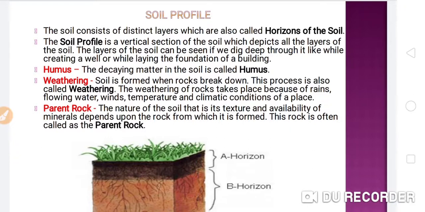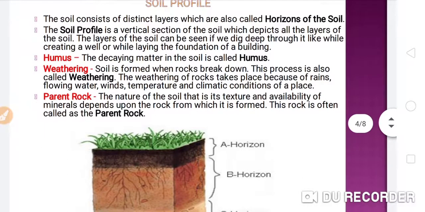That means you can see the different layers of the soil when you make a vertical section, that is, a vertical cut of the soil. The layers of the soil can be seen if we dig deep, while creating a well or while laying the foundation of a building.